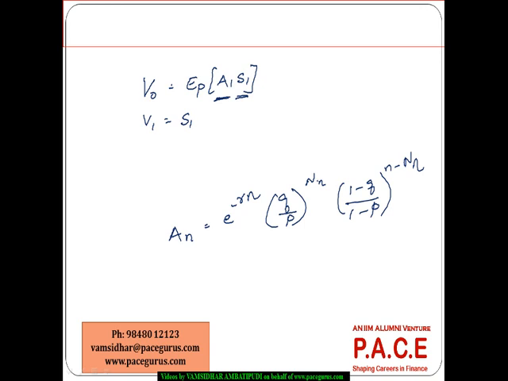Even in that case, the fair price of the derivative security comes out as the P-type expected value of An, the n period deflator, times the value at the nth period. This really helps us in valuing the derivative security, whether using risk neutral or real world probability measures. All right.